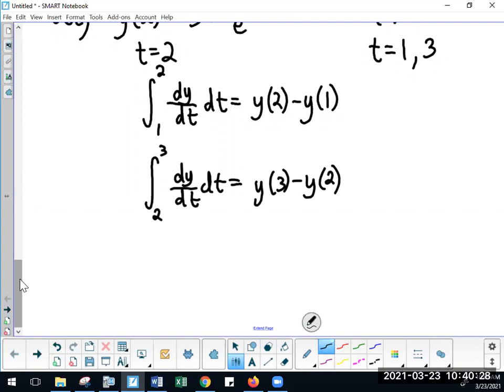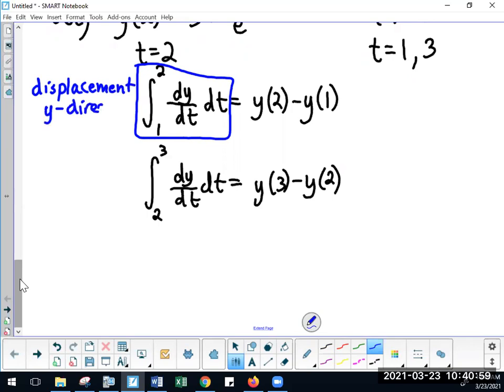So here's something we can think about. We can think about these equations. So let's make sure we understand what these equations represent. So this thing here would be displacement, y direction only, from 1 to 2.